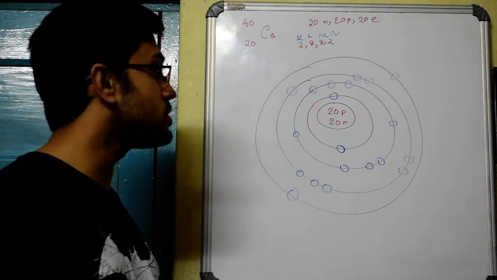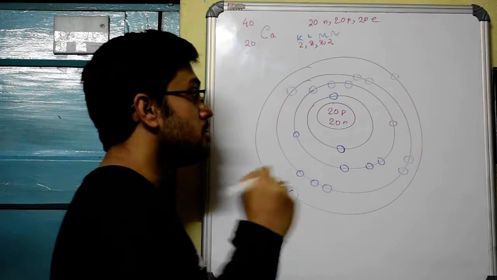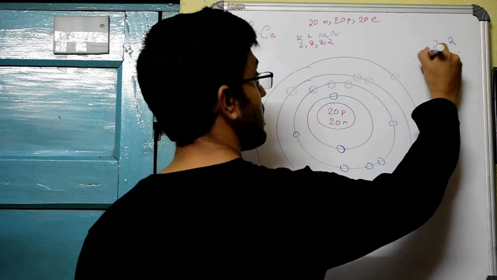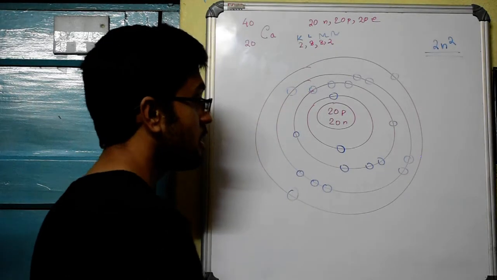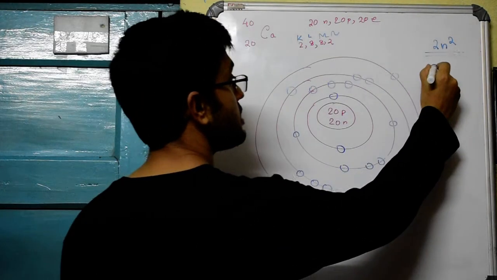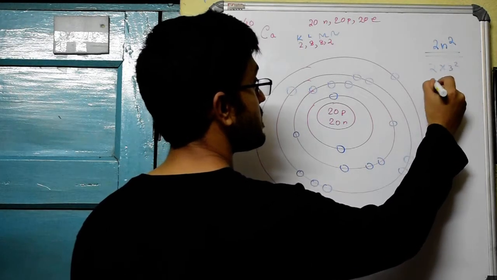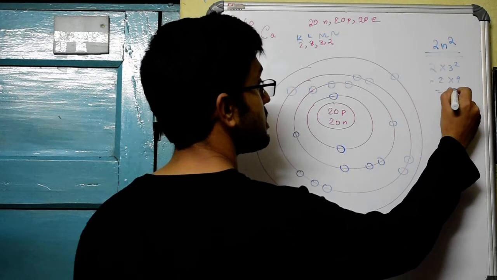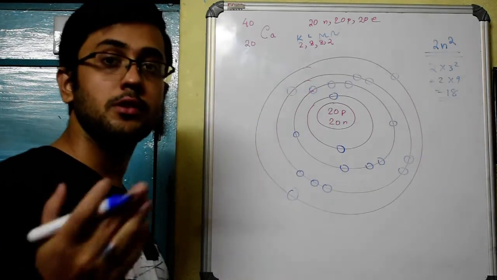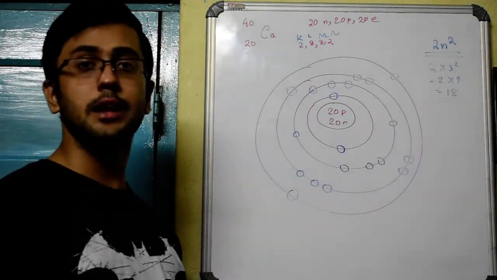Now here I have a question for you. You know that the number of electrons a particular shell can accommodate is given by the formula 2n squared. Then for the third shell, that is the M shell, it is 2 into 3 squared, that is 2 into 9, which is 18. So the third shell, as per our formula, can accommodate 18 electrons.